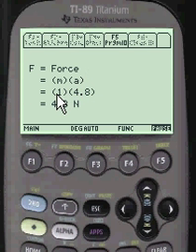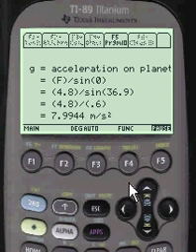So we use 1 for the mass and then 4.8, so it comes out the same, except it's a force. And so now we have the force here, which is really a net force divided by the sine of theta, etc. And here's the answer, 7.9944 meters per second squared.